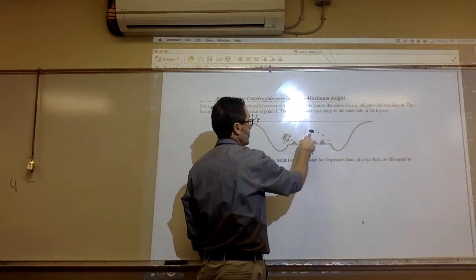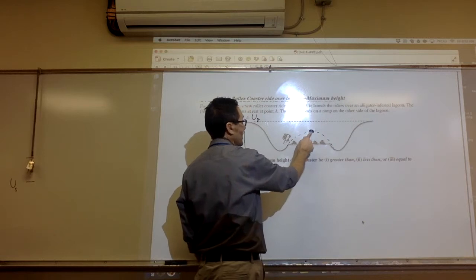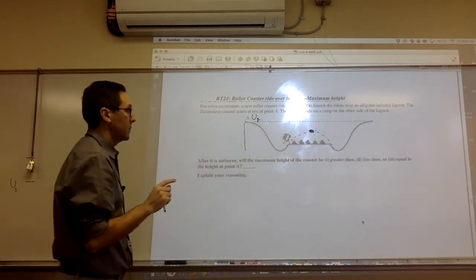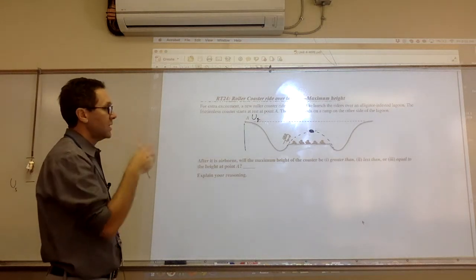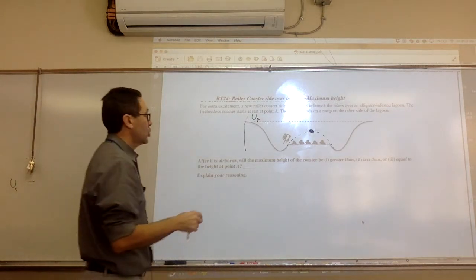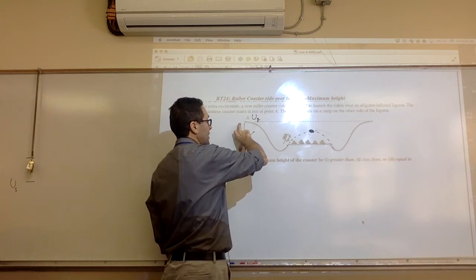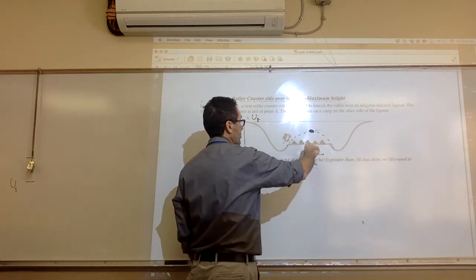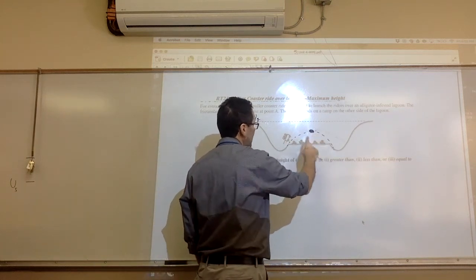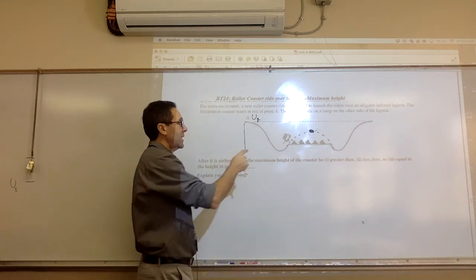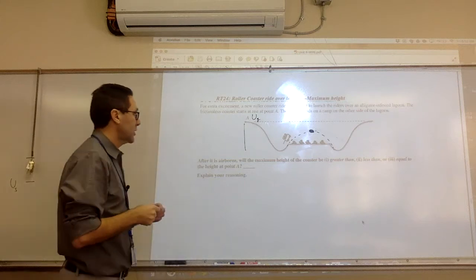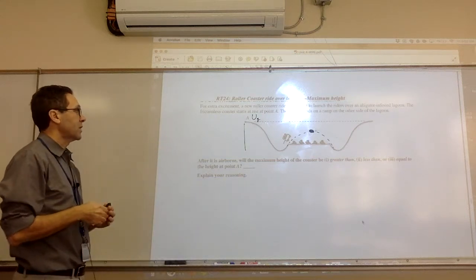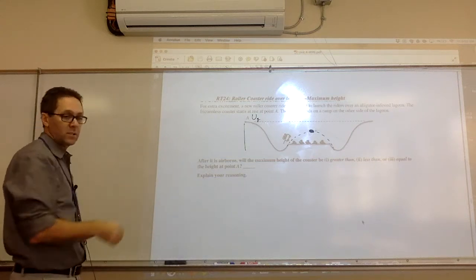But when you are up here, keep in mind, you're still moving horizontally. You stopped moving vertically, but you're moving horizontally, which means you still have some kinetic energy. So the gravitational potential energy has to be distributed between gravitational potential energy and kinetic energy. Some of that kinetic energy steals away from the gravitational potential energy, and it doesn't allow the car to go as high as point A.